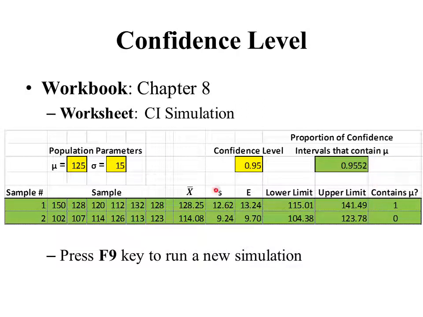In this particular scenario that we've shown here, there's a total of 2,000 different samples, and 95.5% of them contain the true value of mu. What we want to do is compare this number to this number here, the confidence level. And notice here that they're pretty similar.